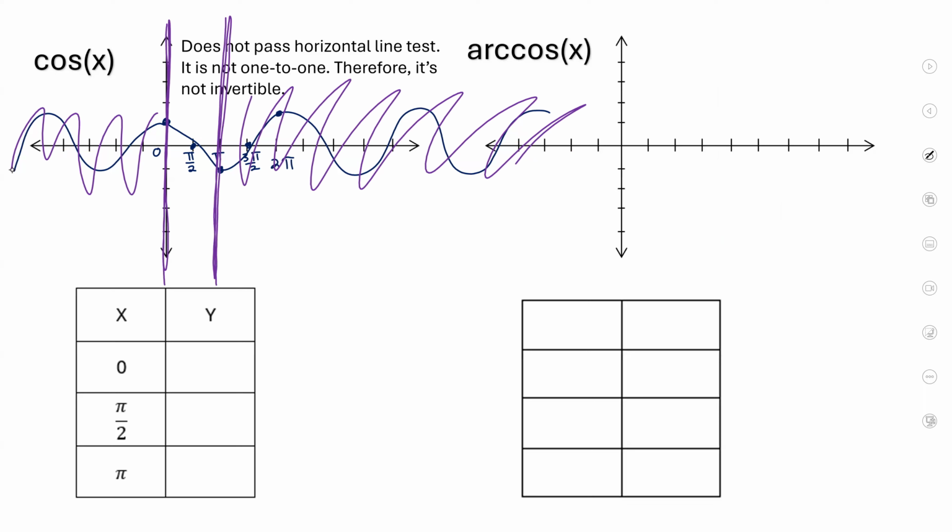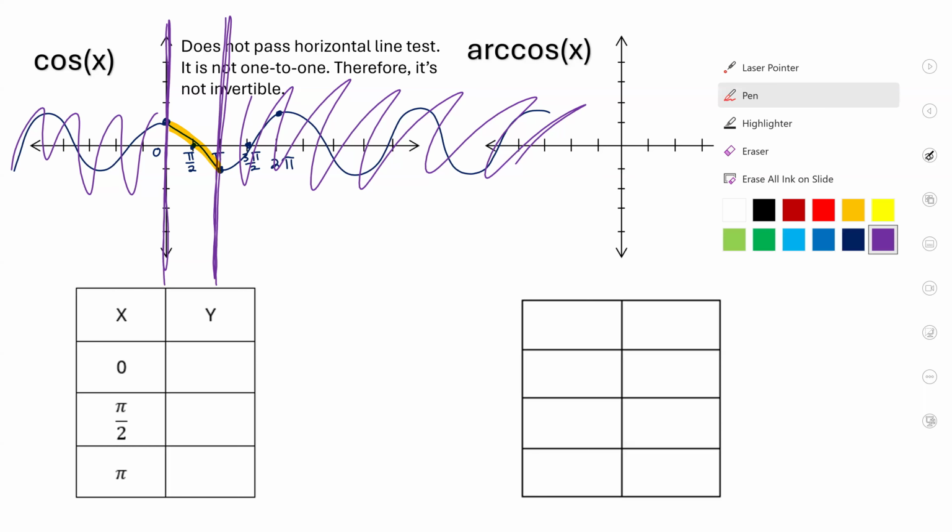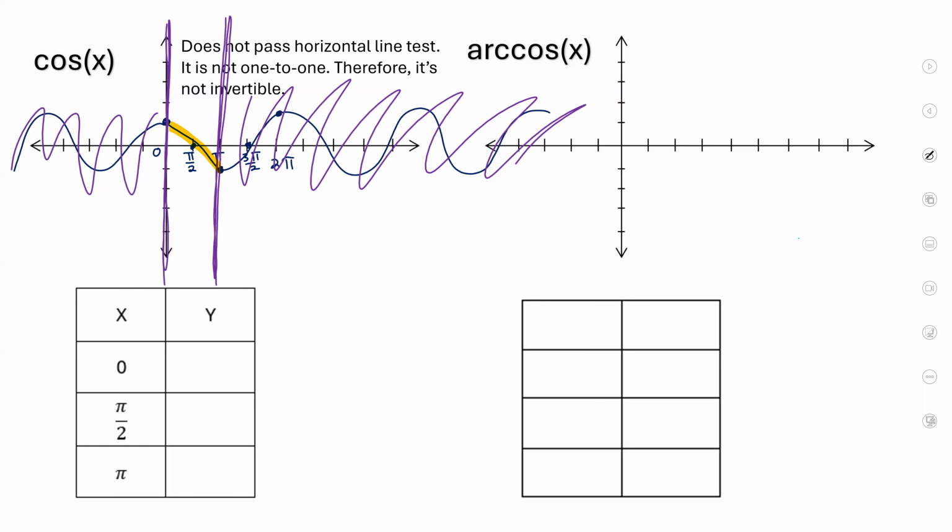I'm only going to pay attention to cosine between 0 and pi. That way, when I do the horizontal line test, it passes. I can draw many horizontal lines and it only crosses once. So if I only look at cosine between 0 and pi, I can find its inverse.